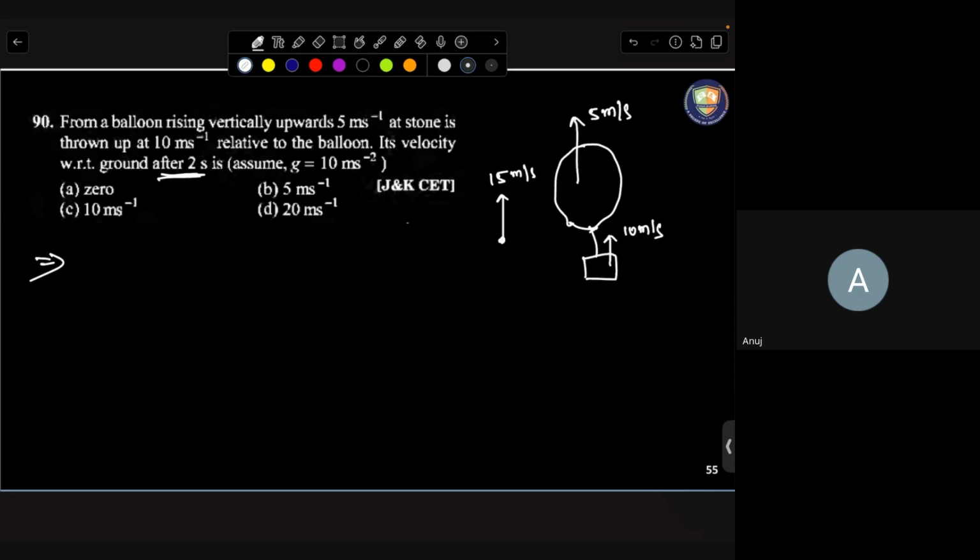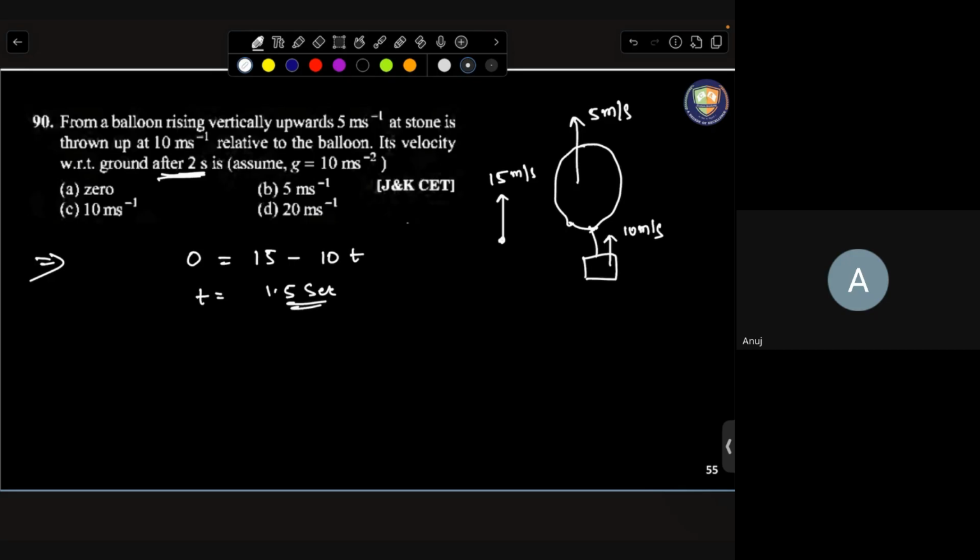For that, we have to look at the time at which the velocity will become zero, that is the highest point. So the final velocity is 0, initial is 15, minus g, 10. Why minus sign? Because the direction of velocity and the direction of gravity are opposite, so we are taking a negative sign here. So the time it will take to reach the maximum height with respect to ground is 1.5 second, but they are asking 2 seconds.